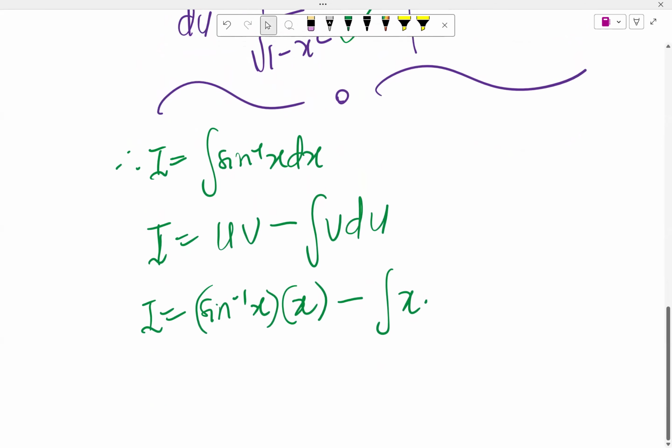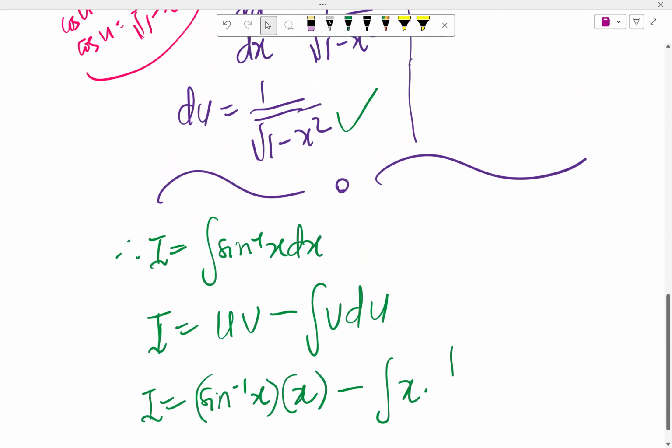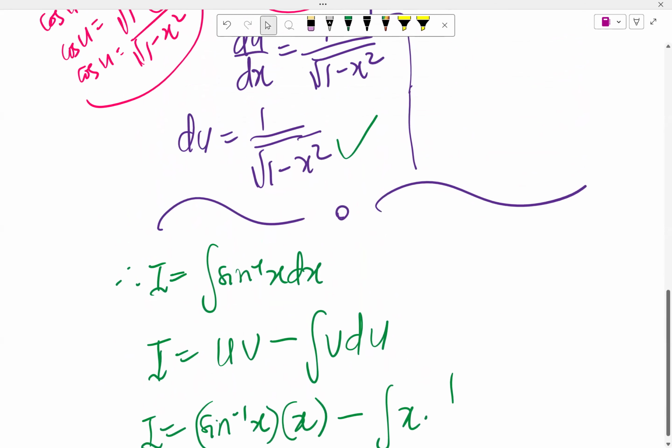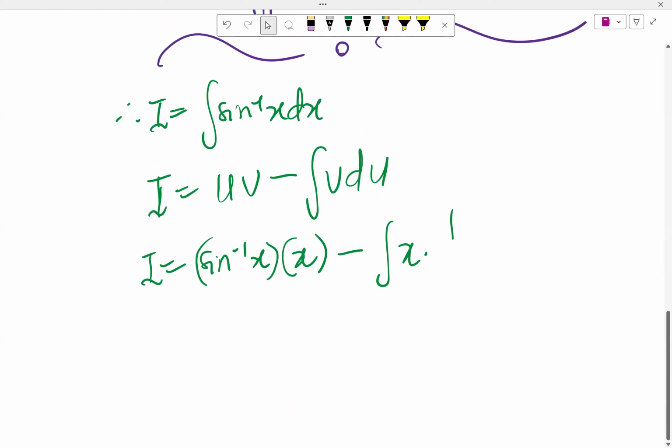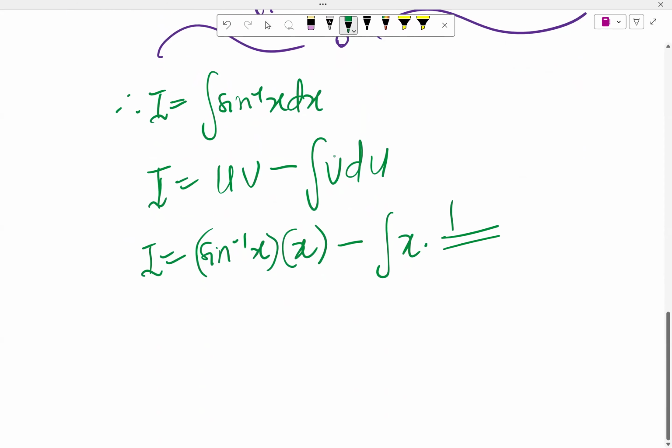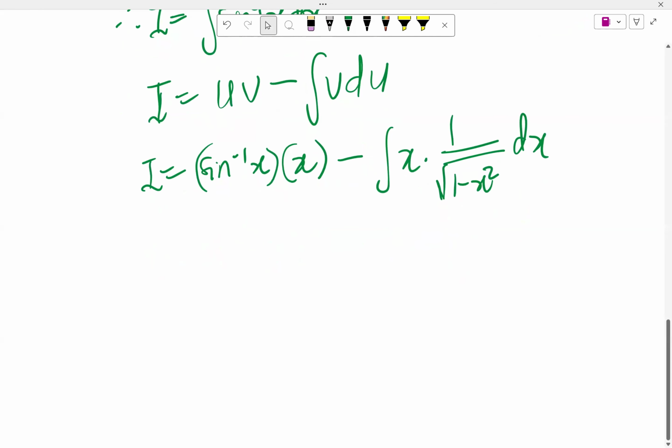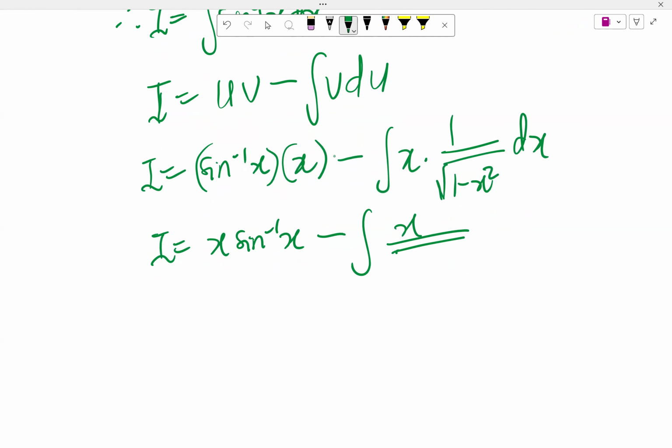Du is 1 over root 1 minus x squared dx actually. So you have this over root 1 minus x squared dx. If you tidy that up, you have I equals x arcsin of x minus integral of x over the square root of 1 minus x squared dx.